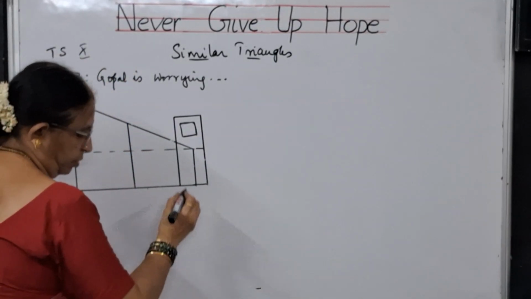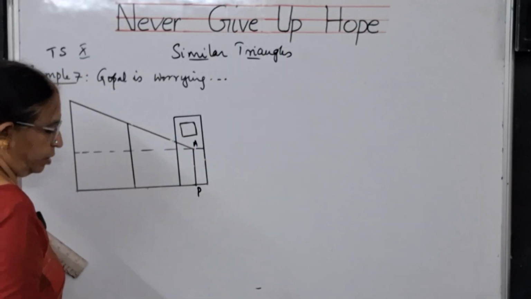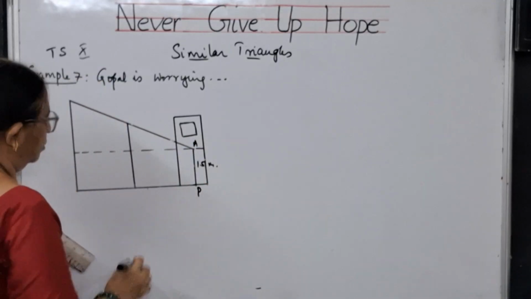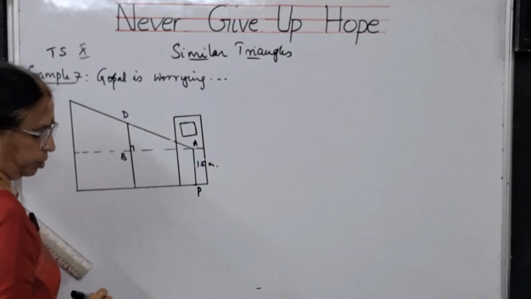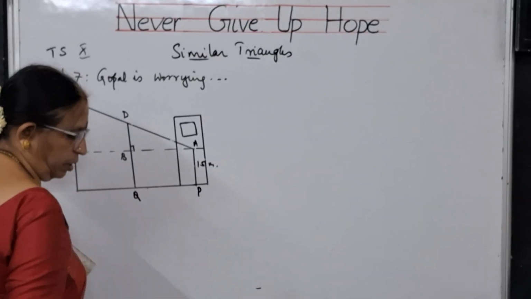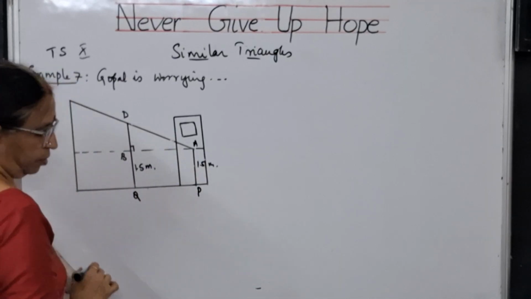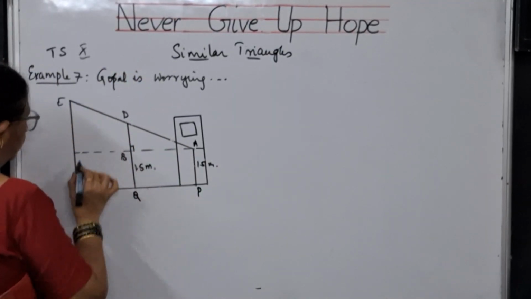So this is A and P, 1.5 meters, and this is D, this is B, here perpendicular, and this is Q, and here the value is 1.5 meters, and E and R.